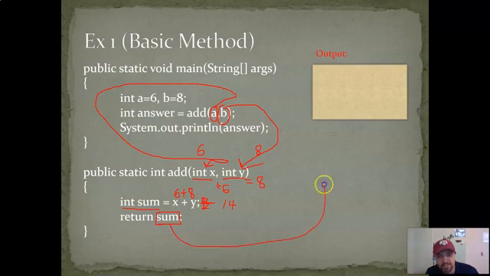We are returning its value right over to this area. So this gets sent back here. And that's 14 that's being sent to this spot. 14 then gets stored into answer. Then we do System.out.print answer, which contains the value 14.